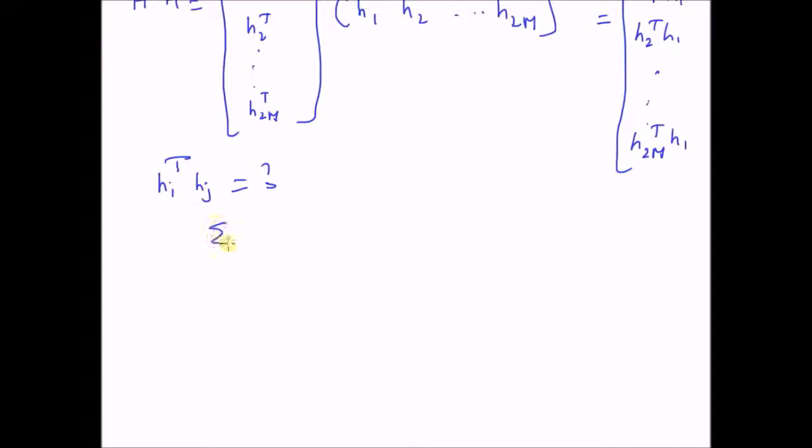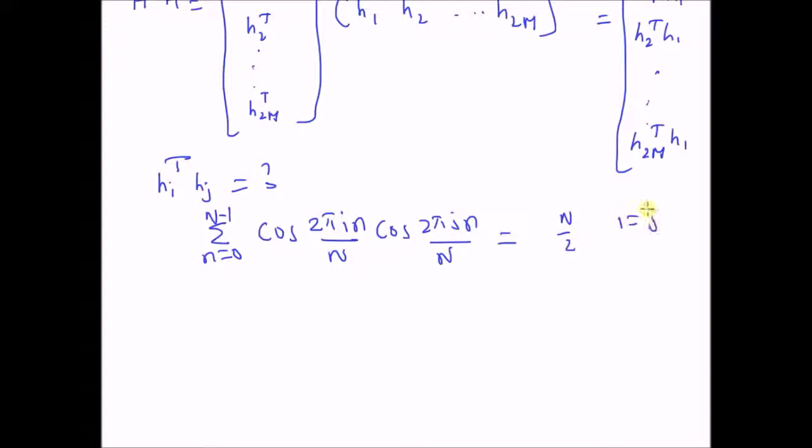That is, the sum n equal to 0 to N minus 1 of cosine of 2 pi i n over N multiplied by cosine of 2 pi j n over N is clearly equal to N by 2 for i equal to j and 0 when i is not equal to j.